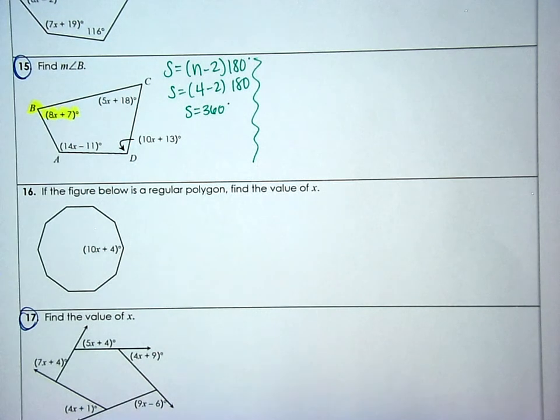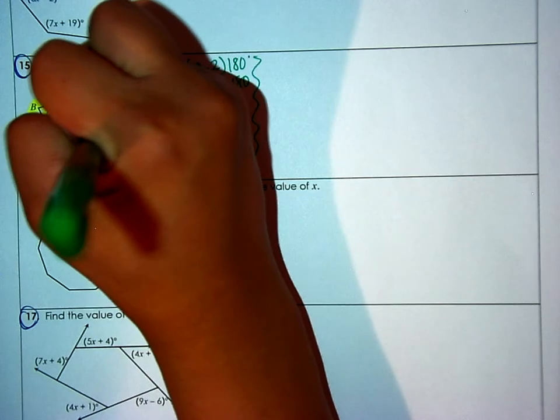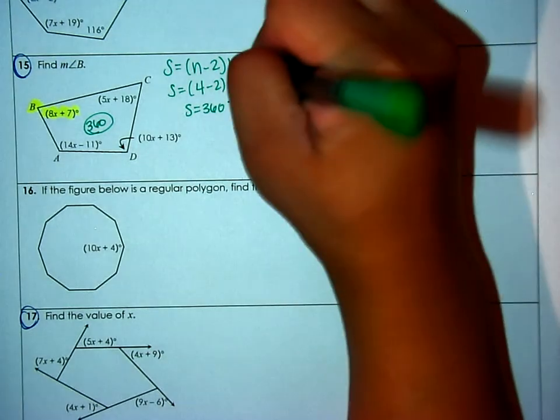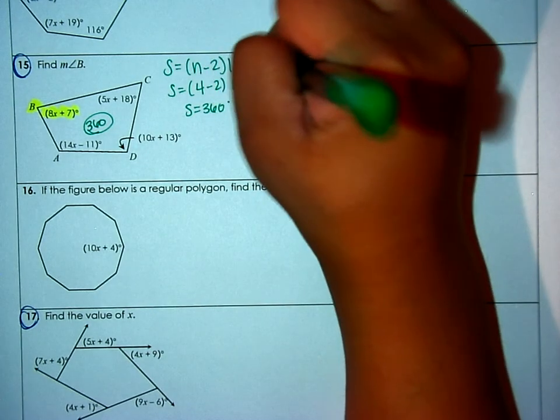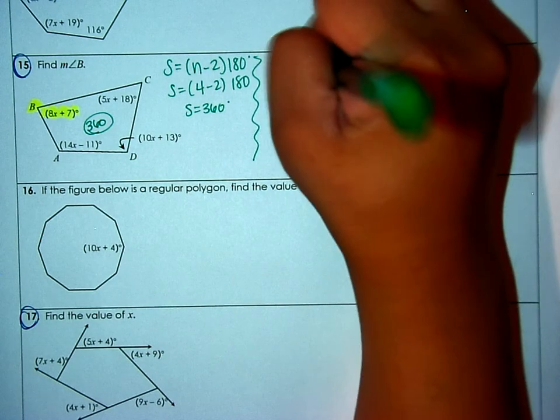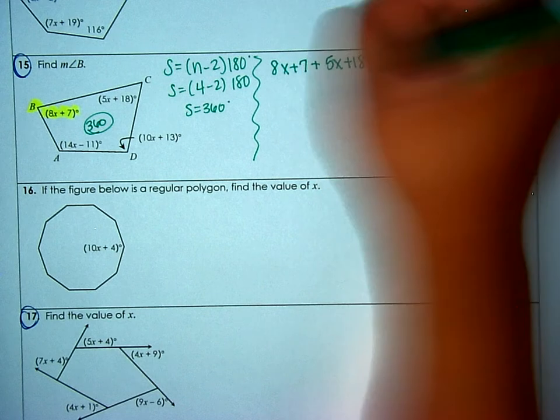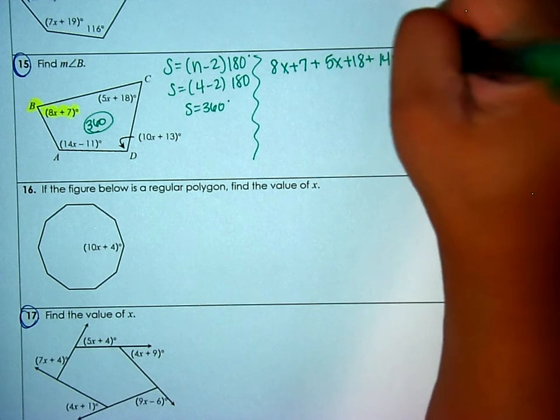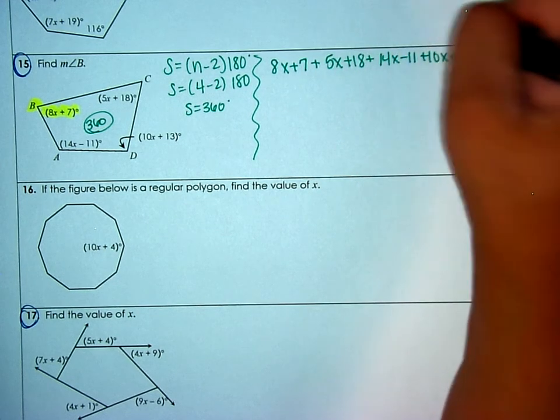My whole is 360. Okay, so now I'm going to take 8x plus 7 plus 5x plus 18 plus 14x minus 11 plus 10x plus 13. Set it equal to 360.